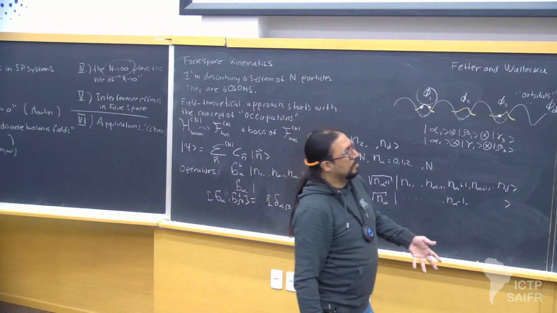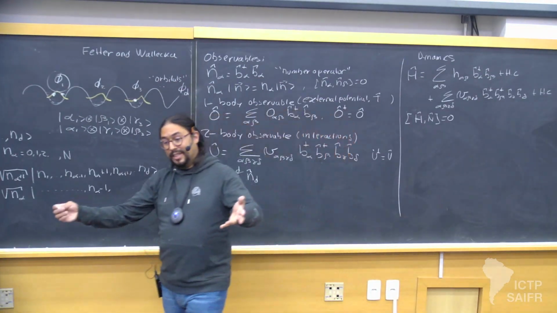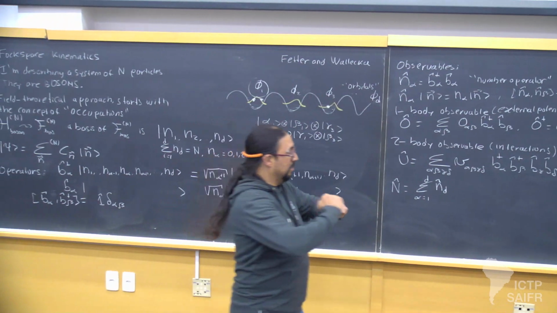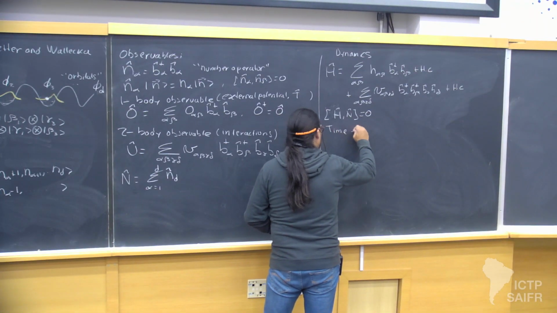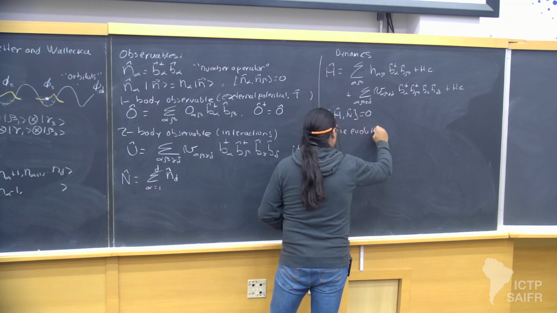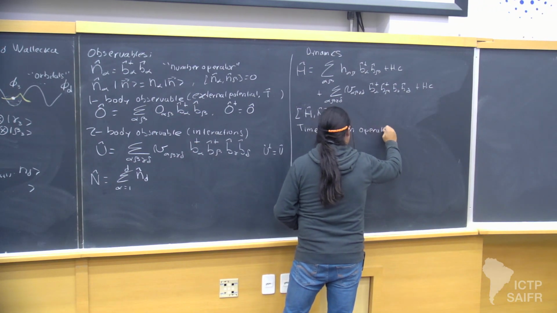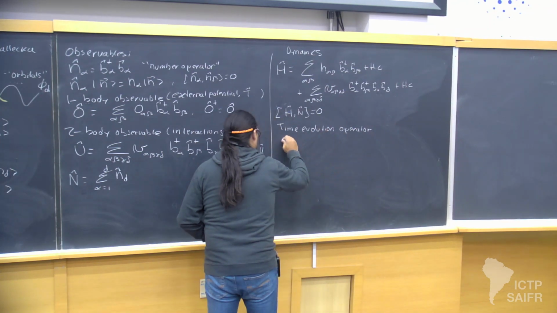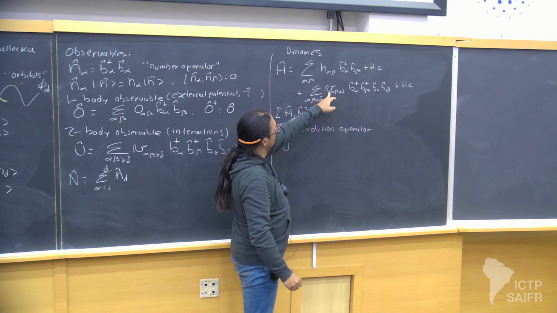Well, why is the Hamiltonian important? Because with the Hamiltonian, guess what? I can calculate the time evolution operator. What is the time evolution operator? I will assume that this thing is independent of time.